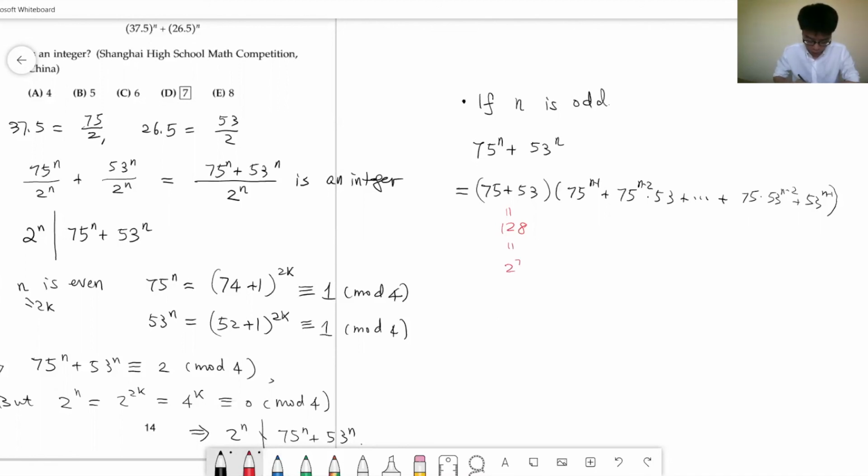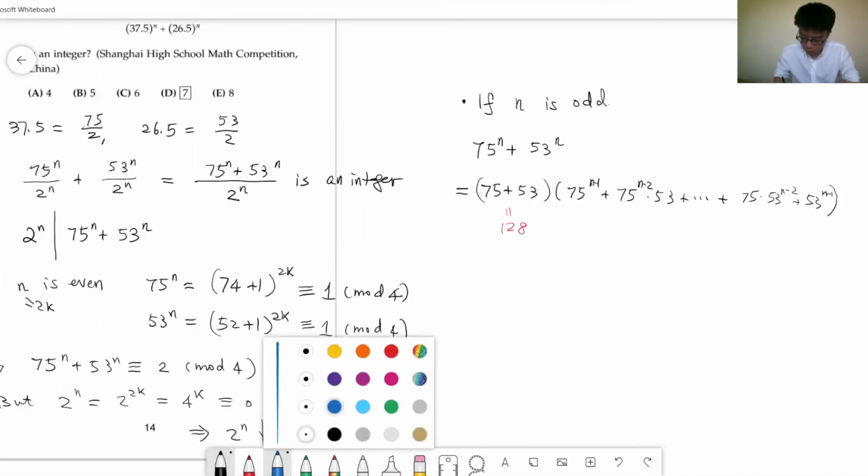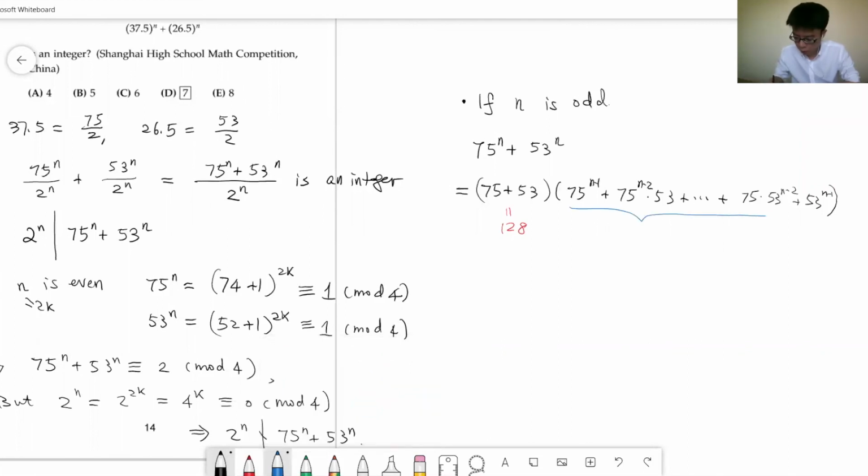And for the latter part, each term is an odd number because they are all odd numbers. So let's count how many terms here. We have totally n terms, an odd number of terms of odd numbers.